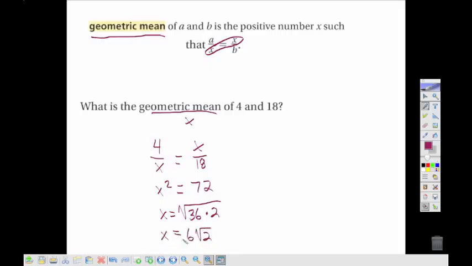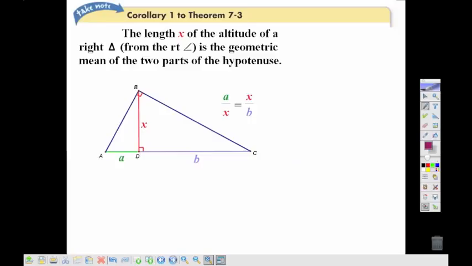And so x, the exact answer, would be 6 square root of 2, or we could use our calculator and get about 8.5 for our geometric mean. Now sometimes it's better to have an exact answer for these, so it's good to remember your algebra skills and simplifying radicals.